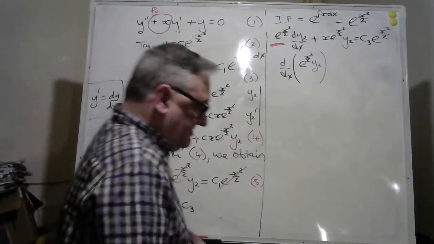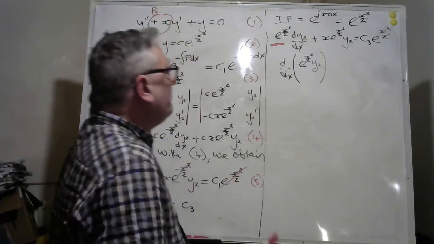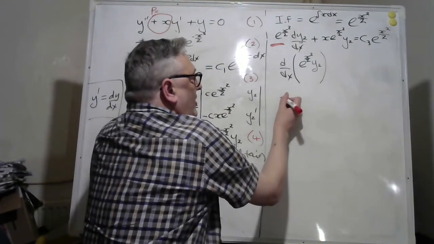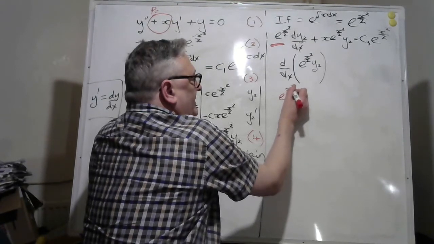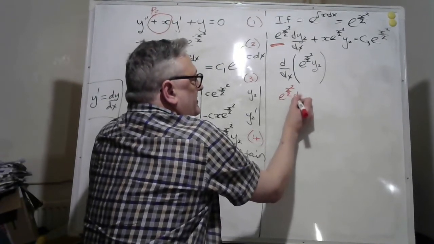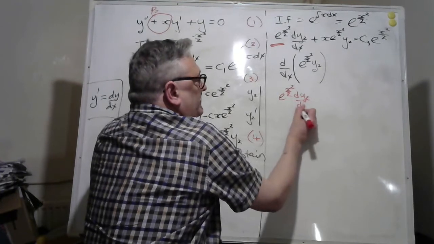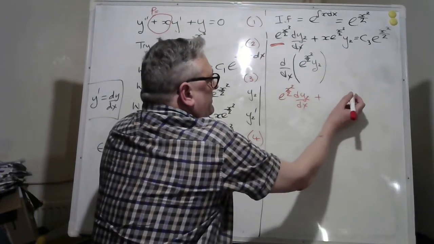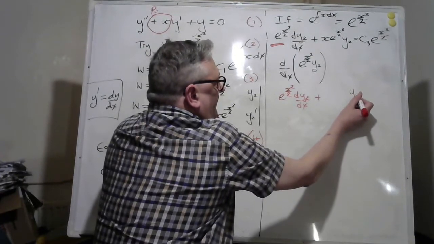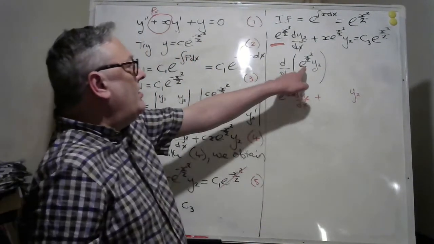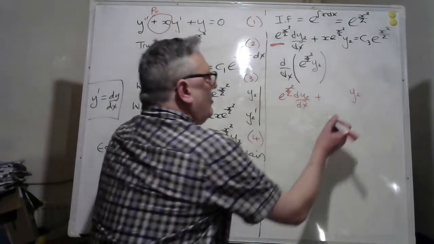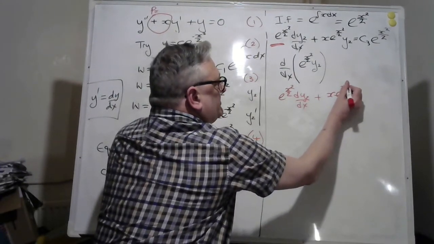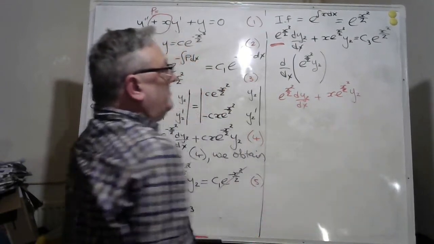And of course, we'll just double check that. Differentiating the y2 and leaving that alone, we're left with e to the x squared over 2 dy2 by dx. And that's going to be plus, well, you're not going to differentiate the y2 in this case, but you are going to differentiate this, which comes out to be x e to the x squared over 2.